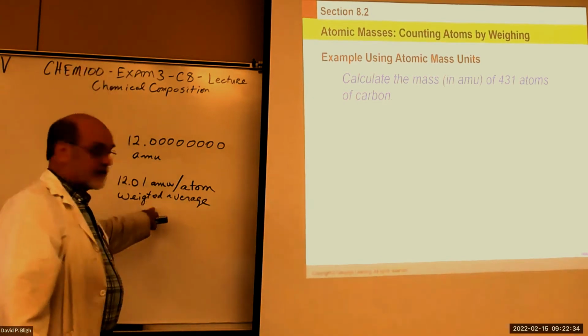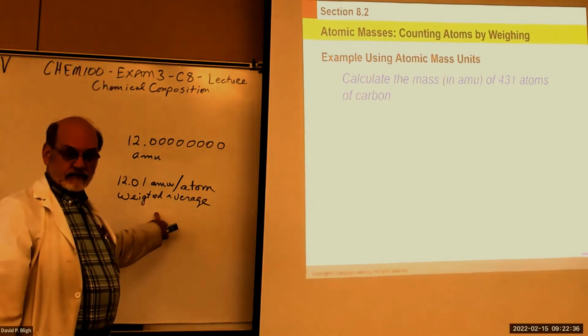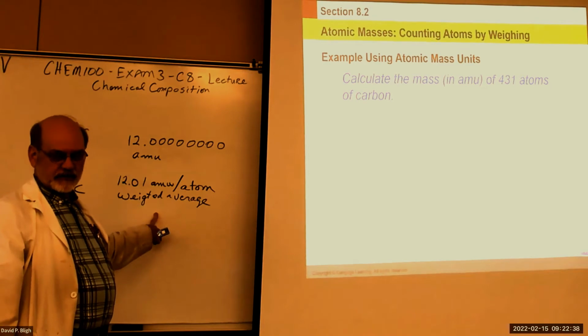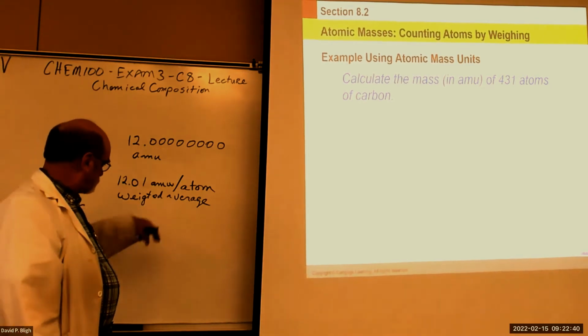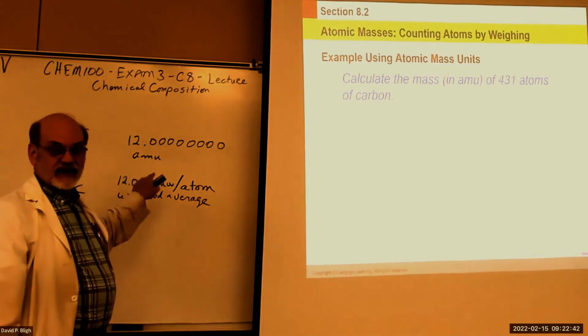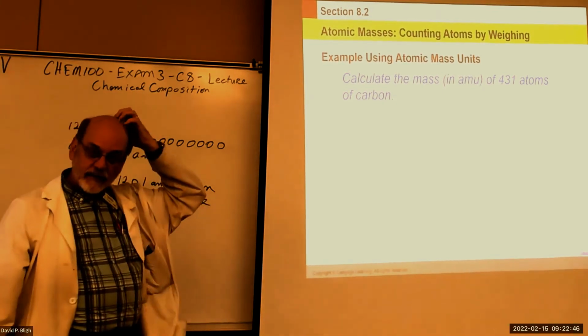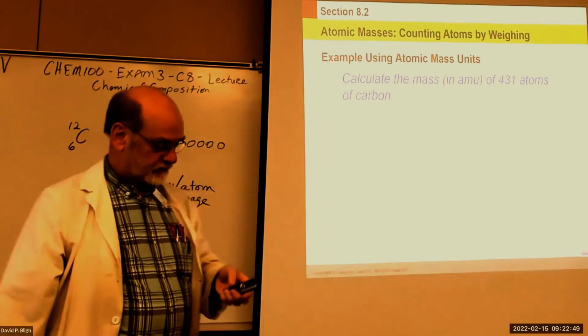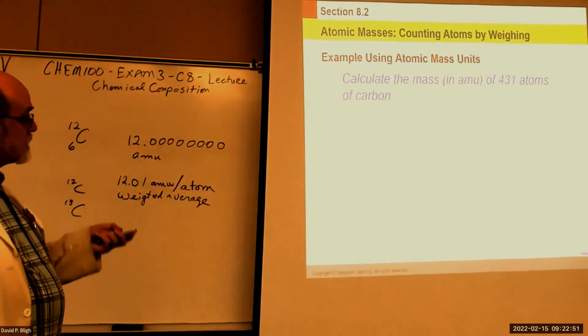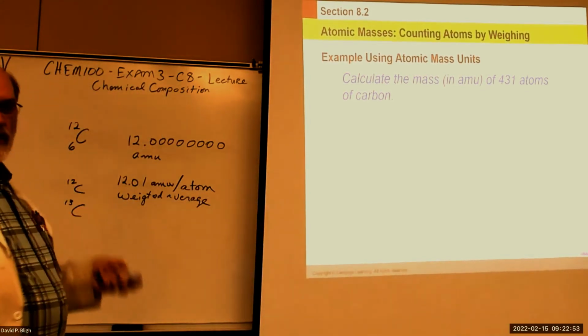But we can use it because in nature, we've determined the abundance of isotopes. And now all we need to know is that number. And this is our theoretical atom. How many atoms are in that collection? Okay, so actually, we're going backwards.